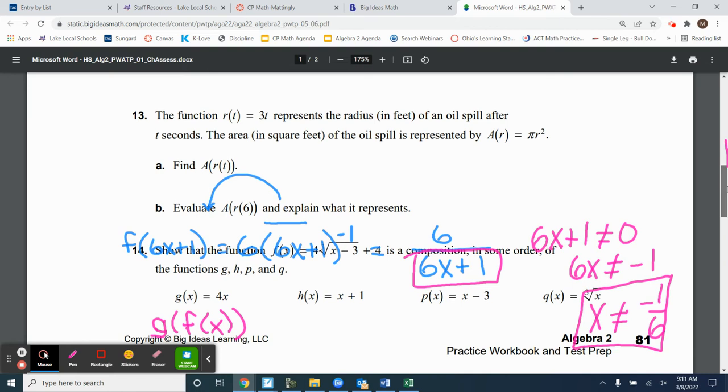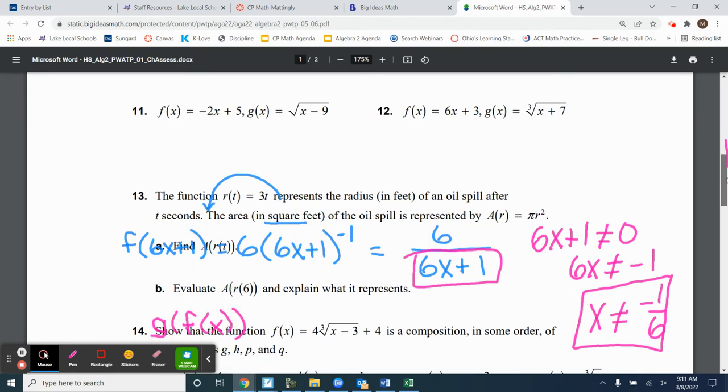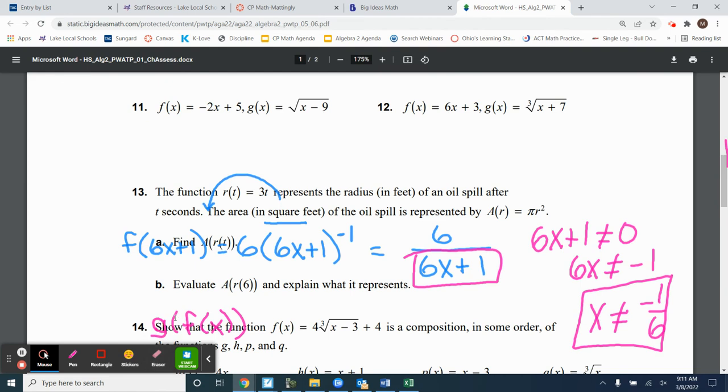Oh, that didn't work, did it? We're doing 11. I don't know if I can get that part to move up. No? All right.